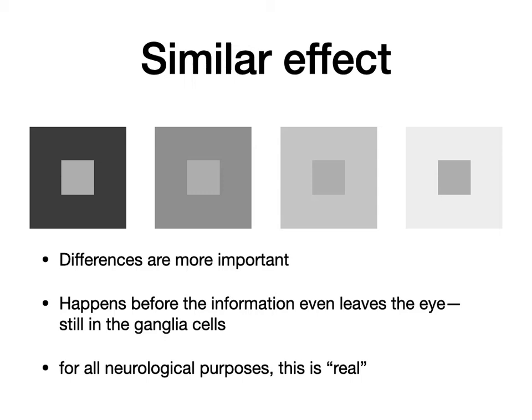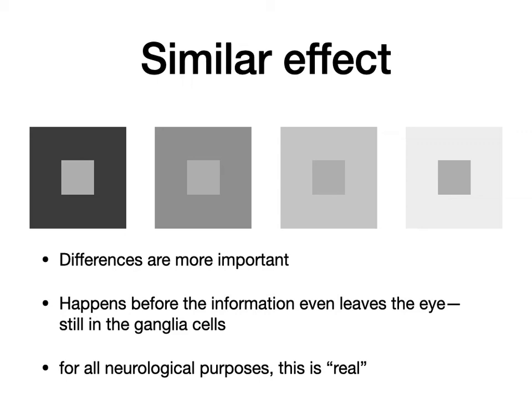So, all to say, it sounds like these things are fake, they're illusions, but honestly, these are more real than anything else, because this is how your eye sees the world. It's not fake. It's that your version of things that comes into your visual system is darker, is lighter in these effects.